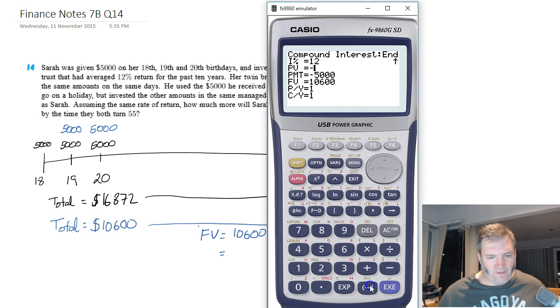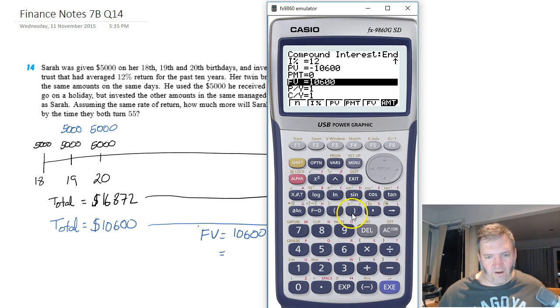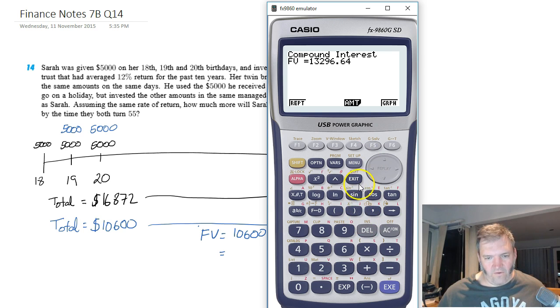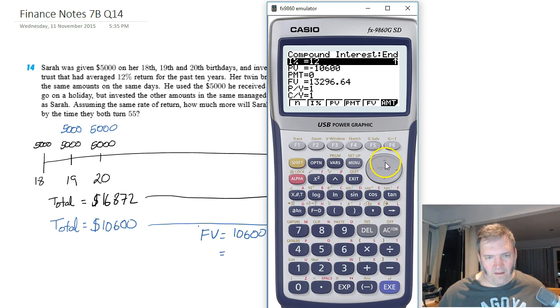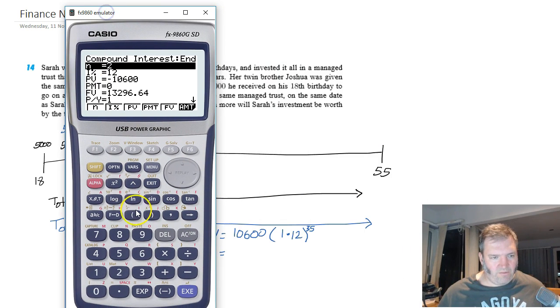So the present value at that point in time, he's got 10,600 invested. He's not going to make any more payments, so we can put that down at 0. What's the future value going to be? Something's not right there. I didn't change the number of years, did I? 2 years, we want it to be 35 years.